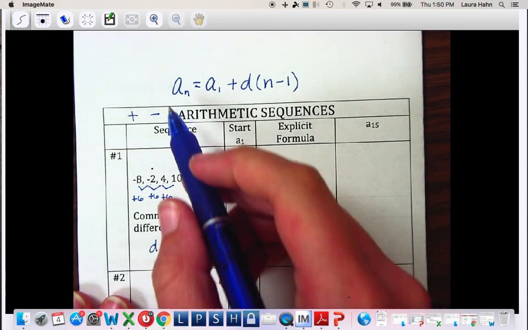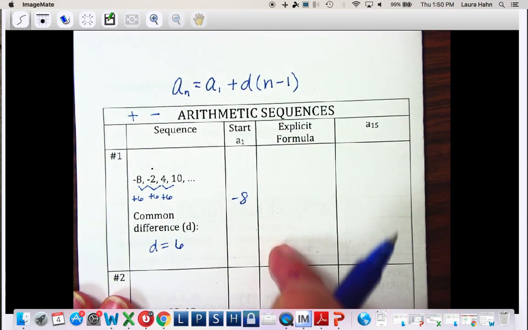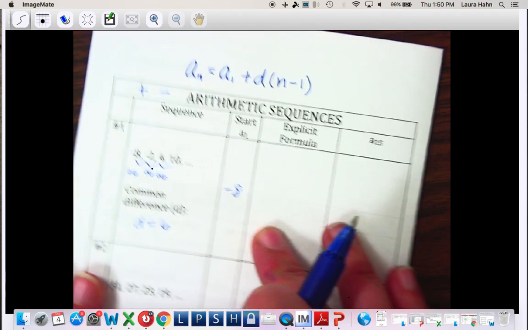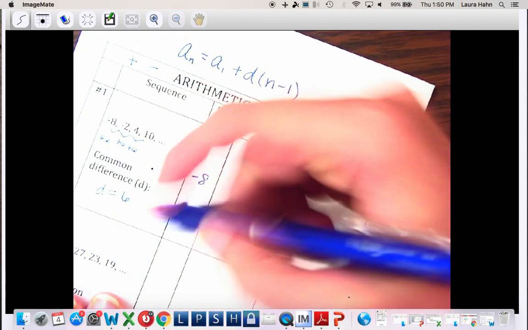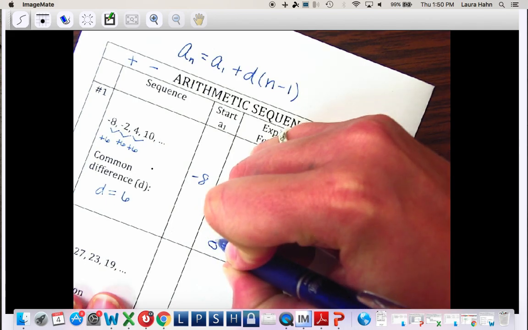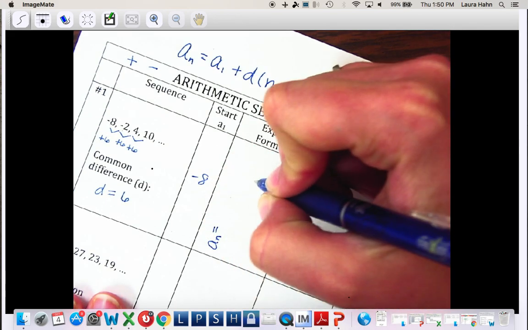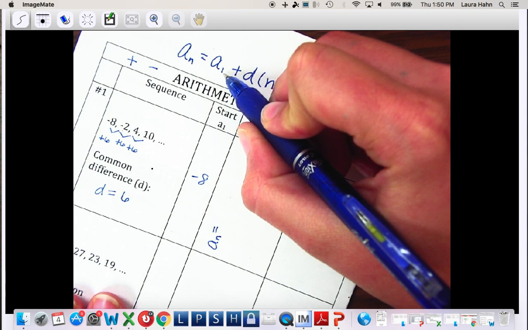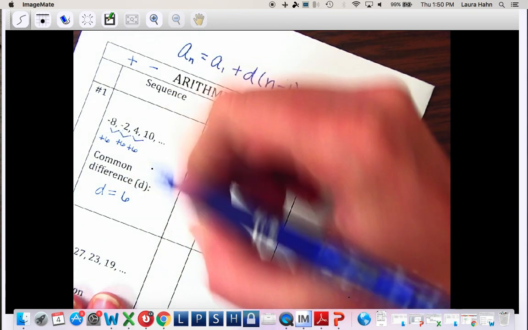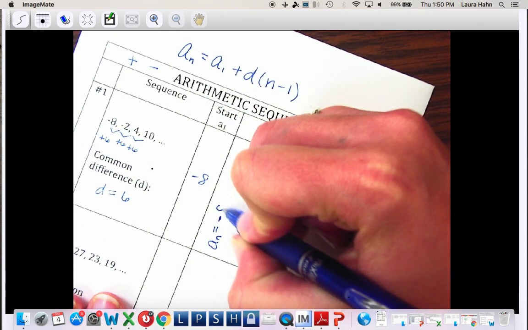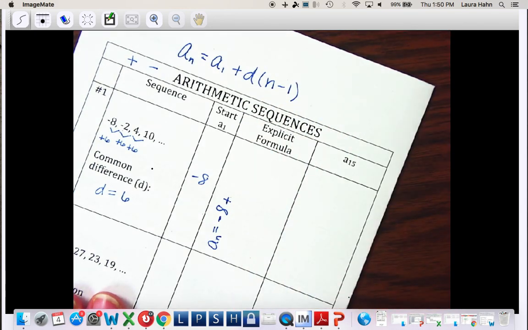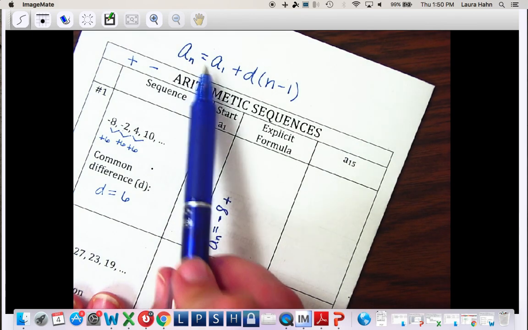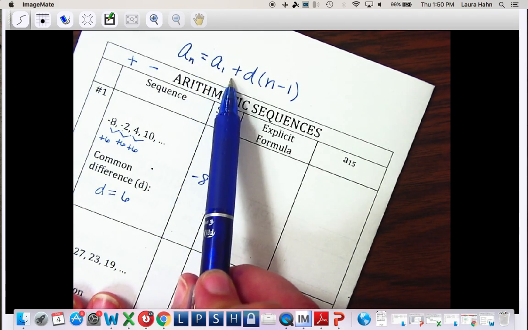Okay, so now let's write our formula. I'm going to write it long ways, so you might want to turn and write it long ways as well. Okay, so we start with a sub n, so to get to the next term, or to get to any number you want, it's equal to a sub 1, so our very first term we said was -8, plus d.